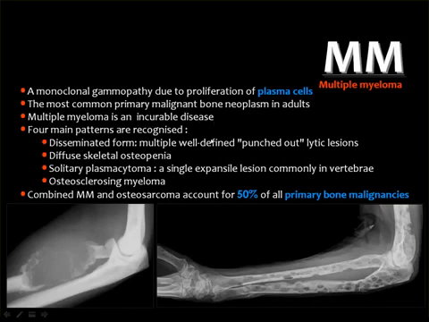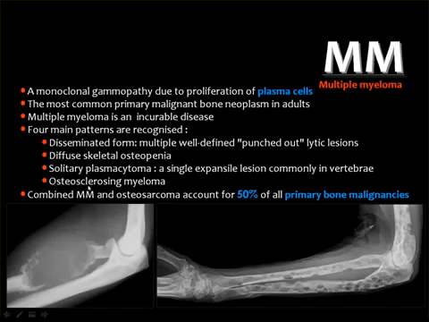We have 4 patterns of myeloma in the skeleton. Number 1, the disseminated form in the form of multiple well-defined punched out lytic lesions. Diffuse skeletal decreased bone density. Solitary plasmacytoma, like this one, a single expansile destructive lesion, usually seen in the vertebrae but can also be seen in the long bones.